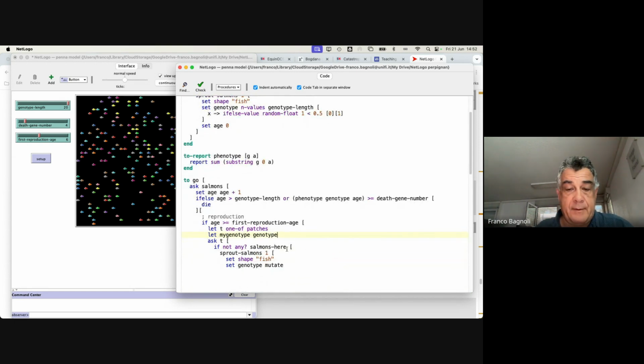I just copy the genotype in this list because now I'm talking to a patch.